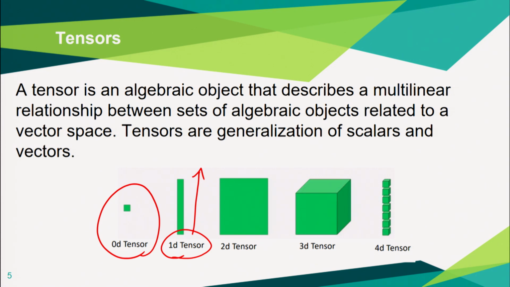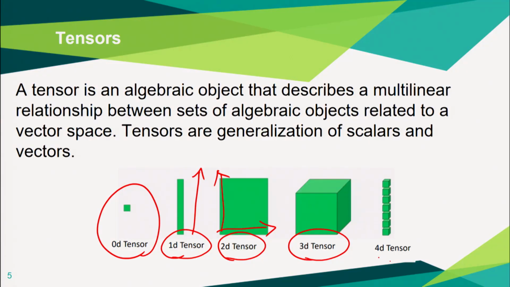We already know that if there is an x and y axis, or a mapping between rows and columns, we call it a 2-dimensional tensor. And here is a 3-dimensional tensor, and a 4-dimensional tensor. So these are various examples of how tensors are represented.